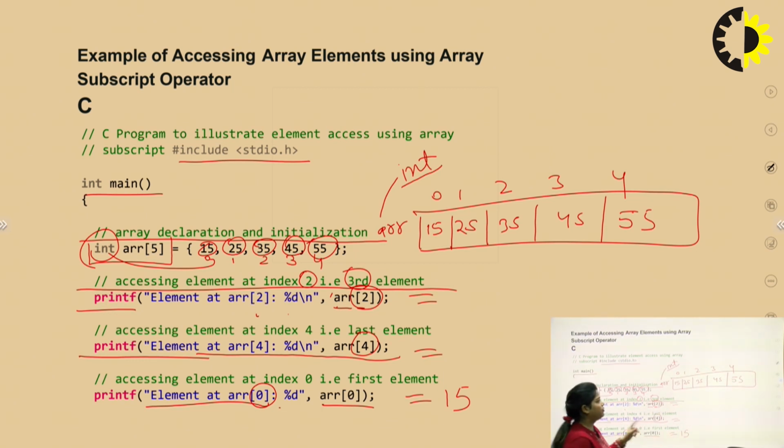Array 4 will give 55. And array 2? Yes, 0, 1, 2, 35. This will be the output, and this is known as accessing the elements inside an array.